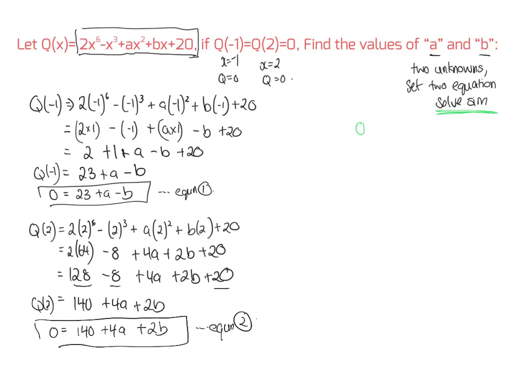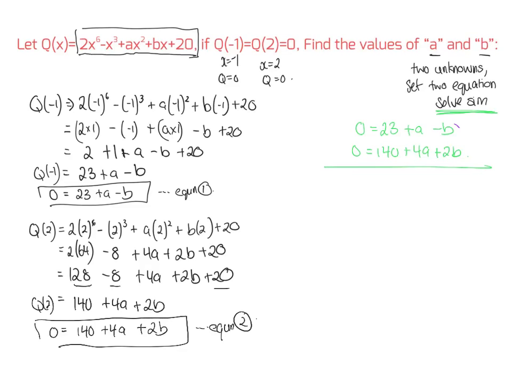We're going to use those two equations to solve simultaneously. So we have 0 equals 23 plus a minus b. That's the first equation. And I've got 0 equals 140 plus 4a plus 2b. When we add these two equations together, we want to eliminate one of the variables, and the only way we can is if they match.